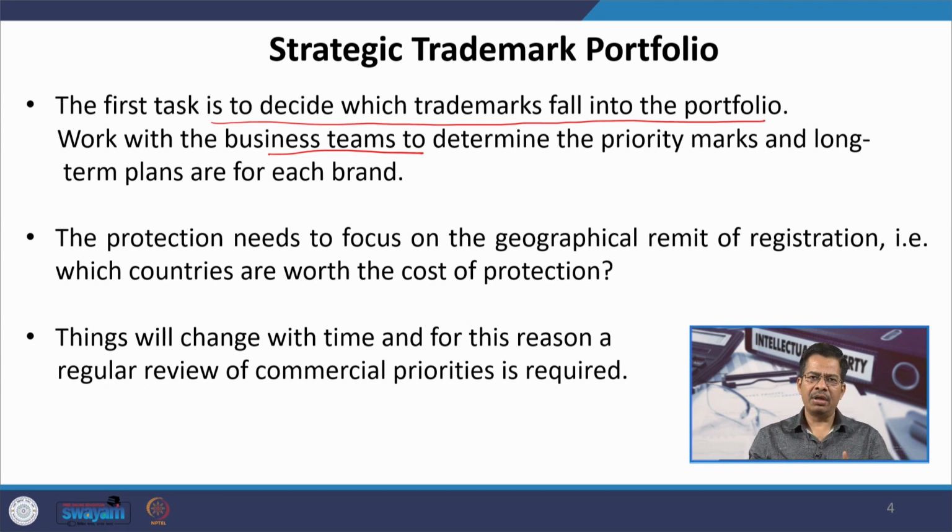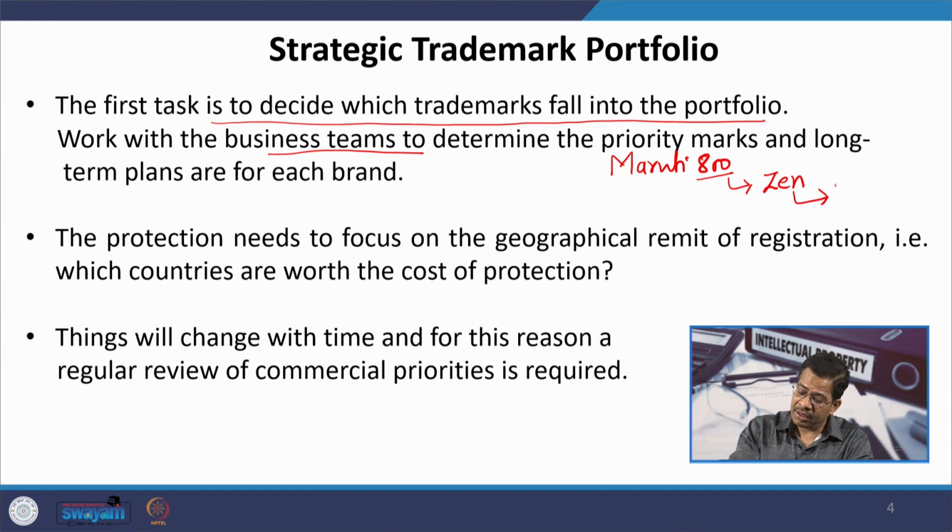Like in India, there was a very popular car, Maruti 800. Over a period of time, Maruti discontinued this car and promoted another car, Zen. Then they discontinued Zen also, and promoted a slightly different type of car like WagonR, etc. This is how you know what your long term expectations from these brands are, and accordingly you emphasize keeping them in your portfolio.